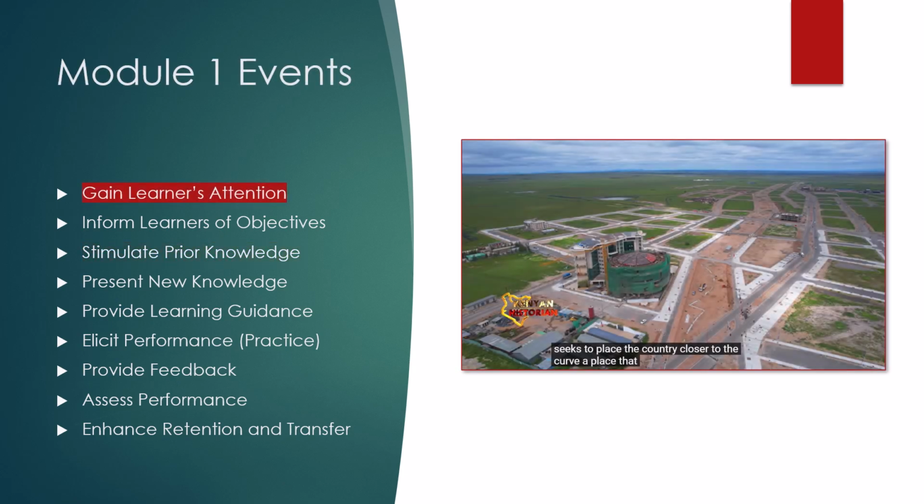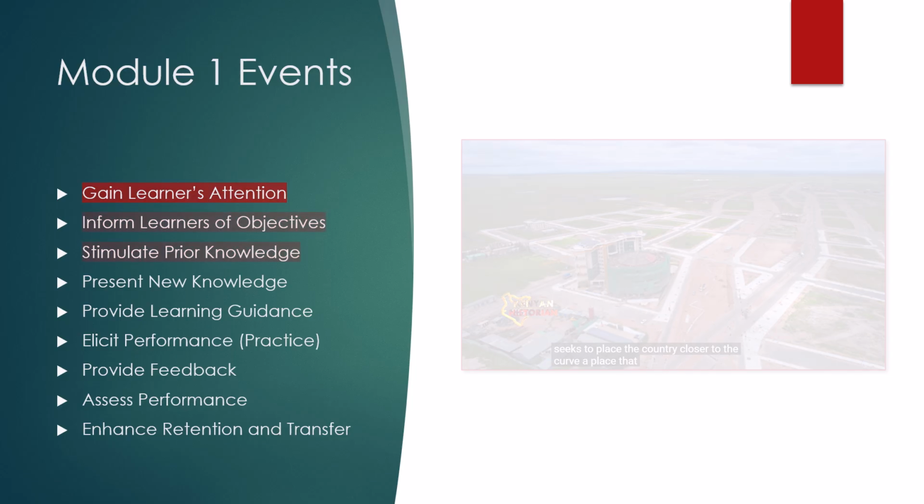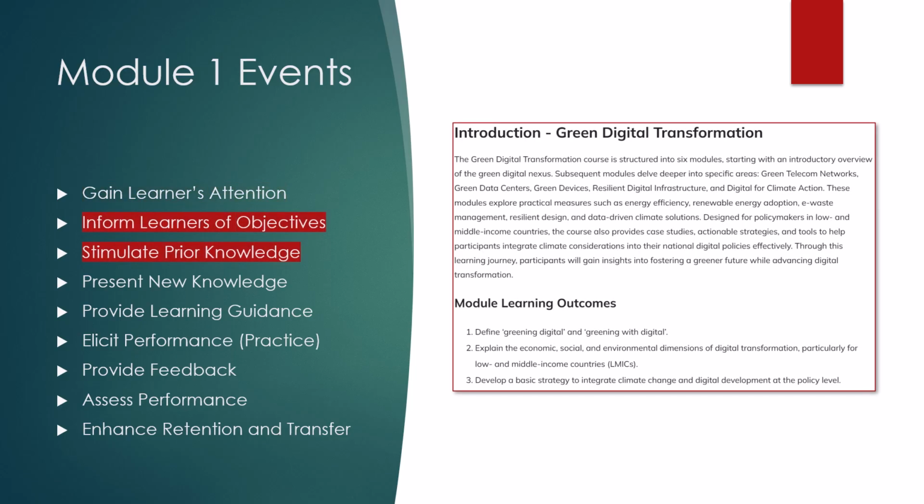Digging into Module 1, which is an overview module, it begins with a video to again gain the learner's attention and add relevance. It demonstrates a real-life case study of a green digital city being built in Kenya. Module 1 learning objectives are presented.